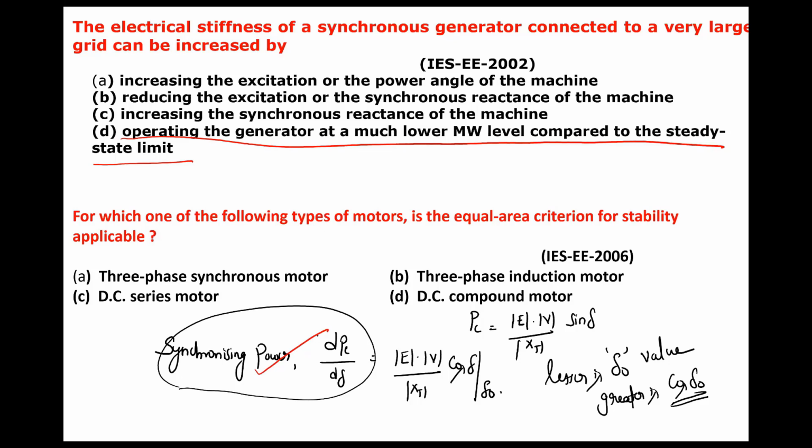Even in one of the methods of improving transient stability, we told that lesser the delta naught value, greater is the stability of the system. So for the stability point of view, you should always keep your delta naught value as low as possible. That is the concept. Read the next question.